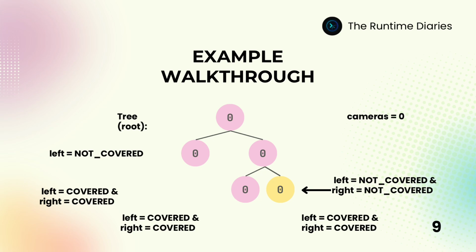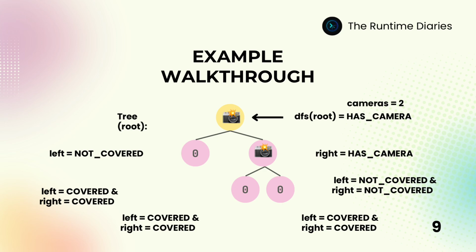Leaves return not_covered. Their parent sees that its children are not_covered. So it installs a camera and returns has_camera. The root sees that one of its children has_camera and the other is not_covered. Therefore, it needs a camera placed. The minimal number of cameras emerges naturally from these local decisions.